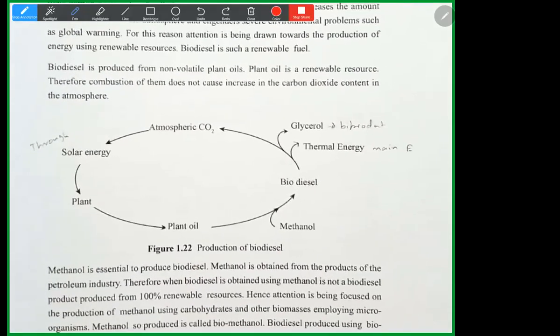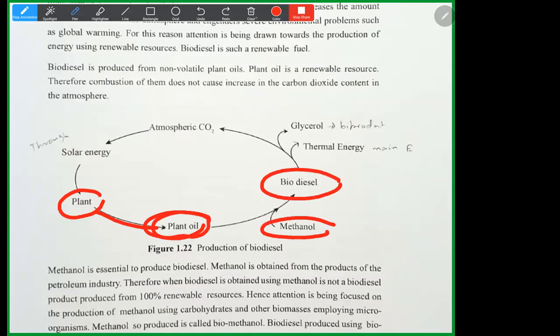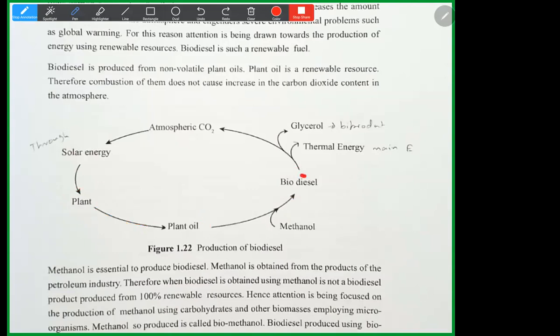We are using the plant. Plants make plant oils. Those are the ester part. To that ester, we have to add methanol externally. Then we make the biodiesel. That biodiesel is used for thermal energy. At the same time, as a byproduct, it releases glycerol.